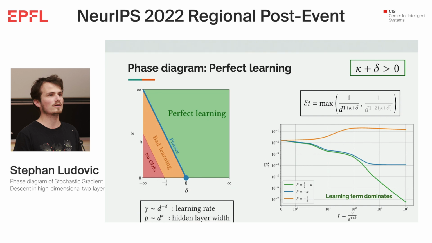So depending on both the number of hidden neurons and the learning rate of the network, you can have wildly different regimes, and it also shows that, for example, overparameterization does help in learning, at least for two-layer neural networks. Thank you for your attention.